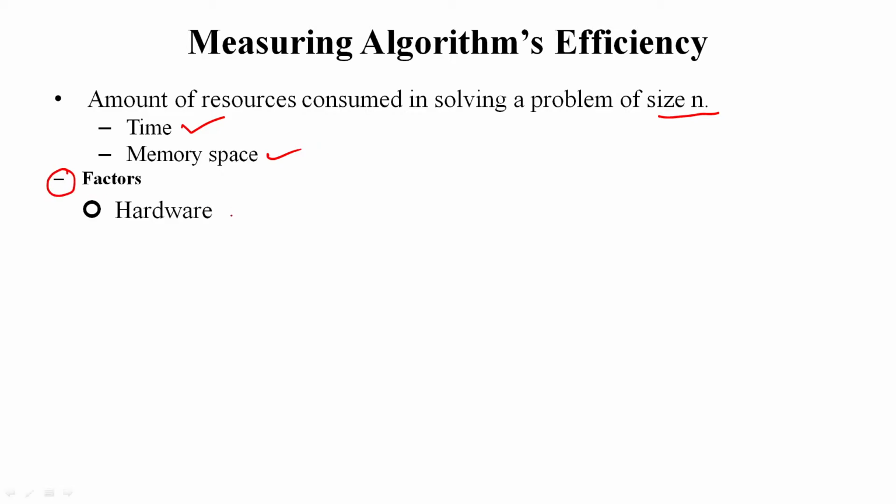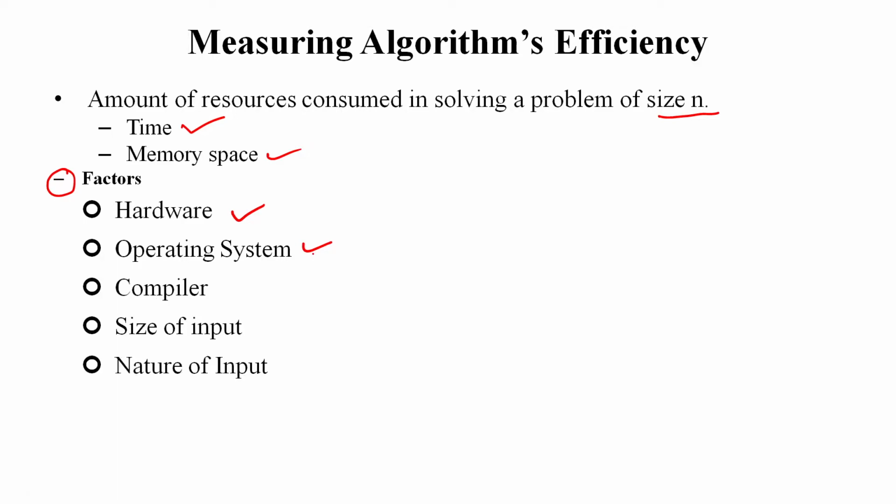First factor is the hardware of the system. This hardware should support our newly designed algorithm, and also the operating system should be considered. If we are designing a new algorithm, it should be supported by the given operating system, and compiler, size of the input, nature of the input, and algorithm.